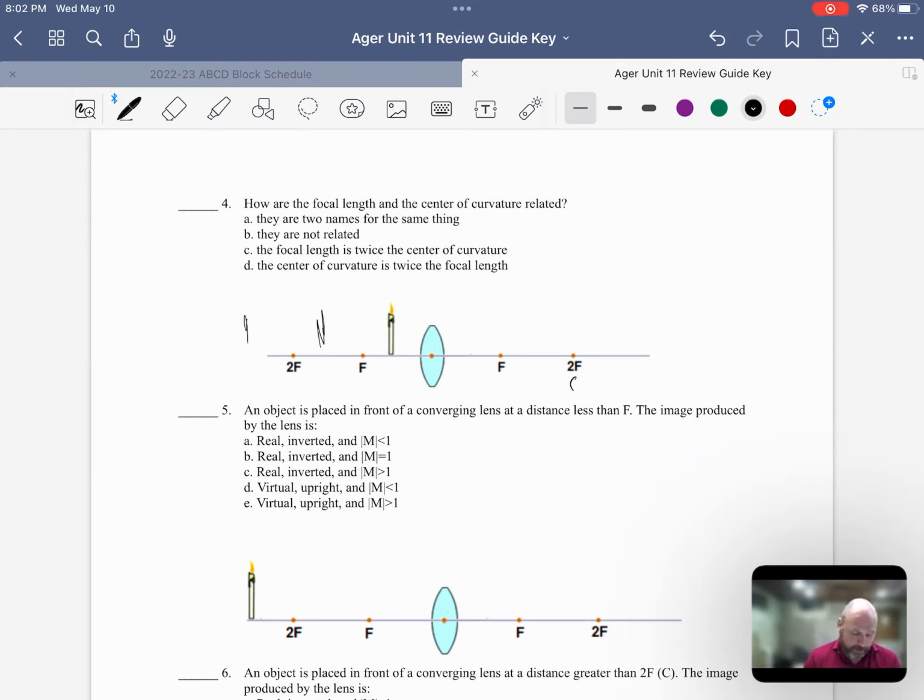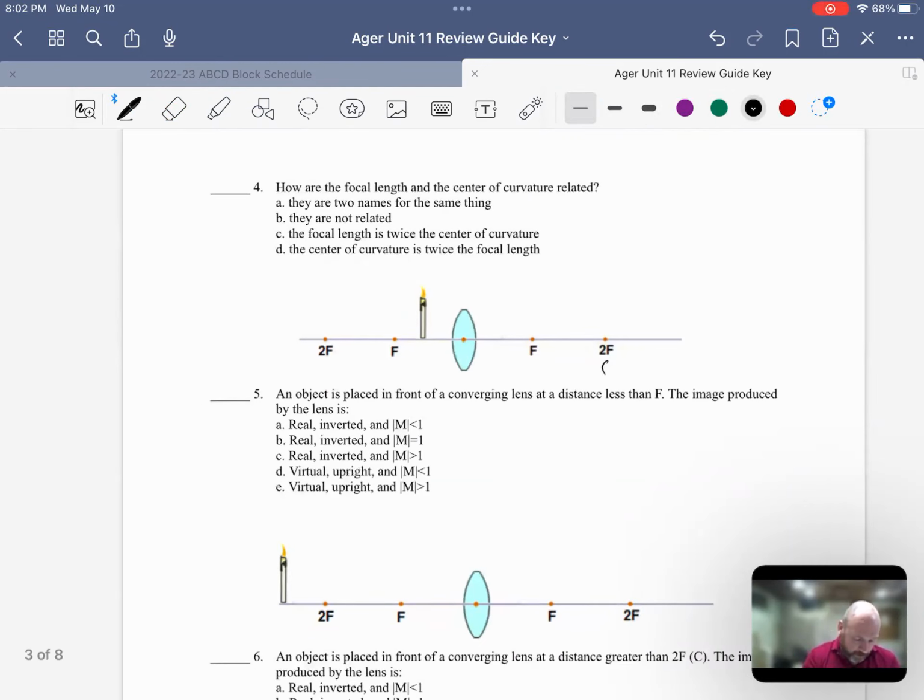Outside the center of curvature, or 2F, you get the eye geometry. But we didn't talk much about the actual location; we just looked at the results to predict things. So the center of curvature is twice the focal length, D. The name isn't that important; knowing the images produced is.